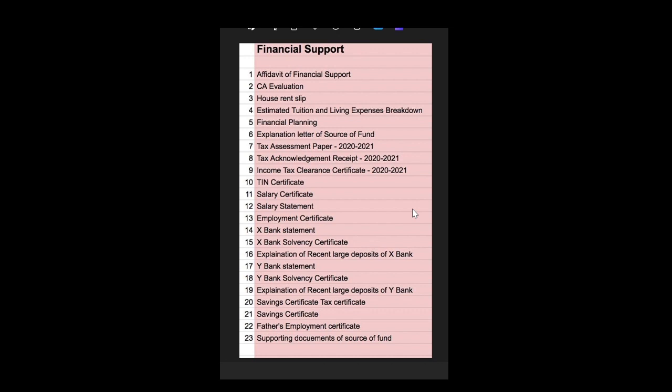I hope you have understood, and the concept is to strengthen your financial documents, which will show the visa officer that you are financially strong, and you do not have to worry about my tuition fees and accommodations. Dear visa officer, I am very much capable, don't worry about it.